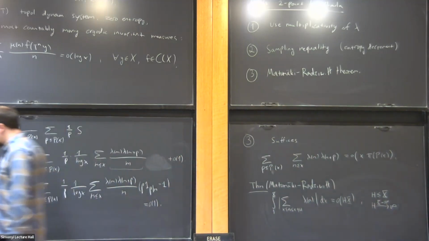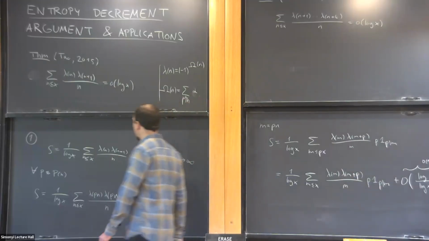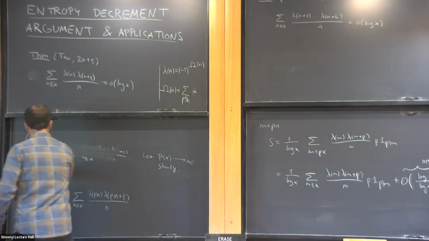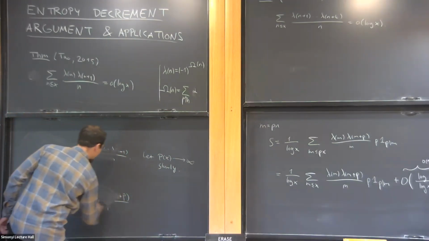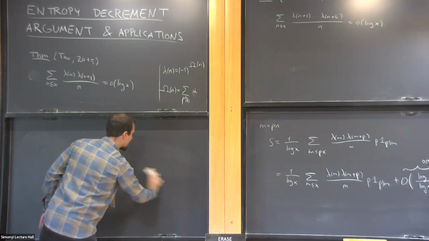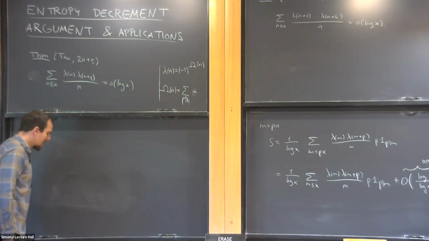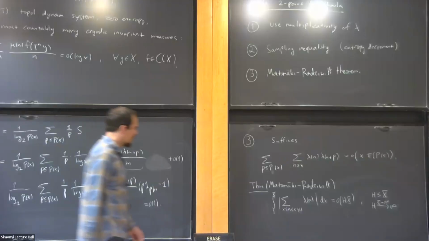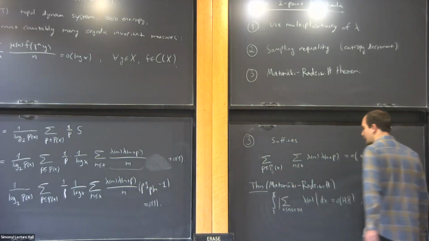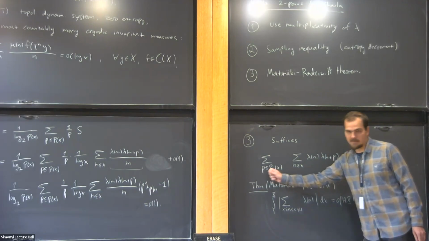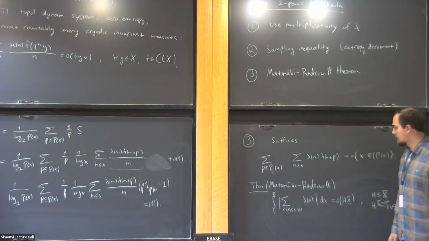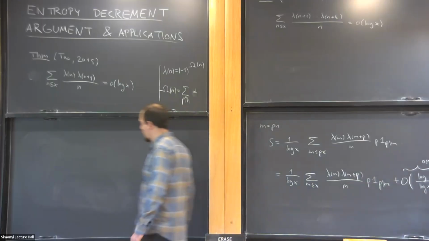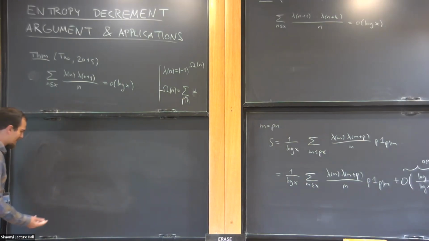Okay, so how does this relate to what we have? Well, let's first pretend that our sum over p here is actually a sum over the integers. So what if the p sum was just over all the integers up to P(x)? Of course we can't do this, but let's just pretend that.